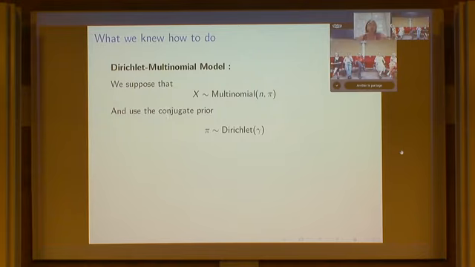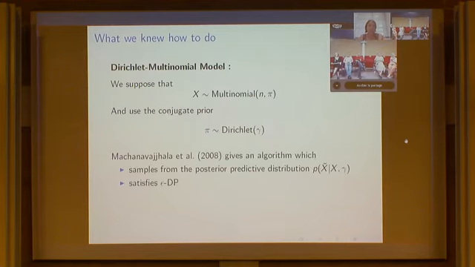The usual Bayesian approach would be to use a conjugate prior, which is a Dirichlet prior, with some parameter gamma. That would be the usual model, and now I want to try to do this in a differentially private way.